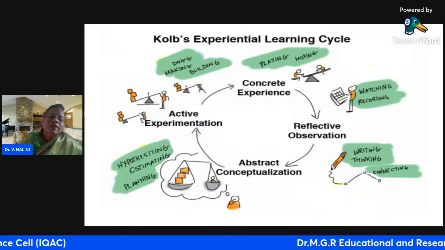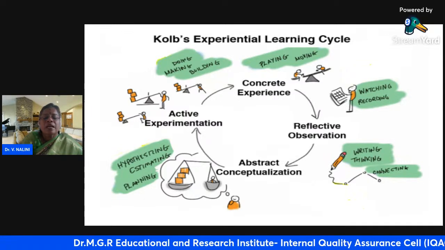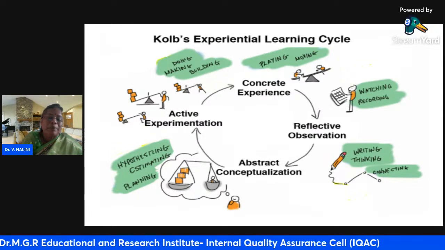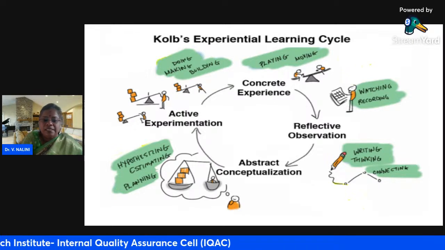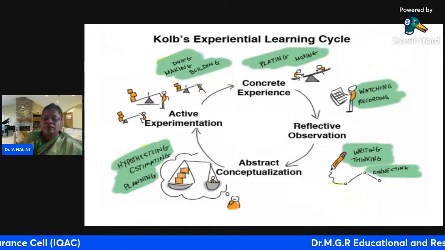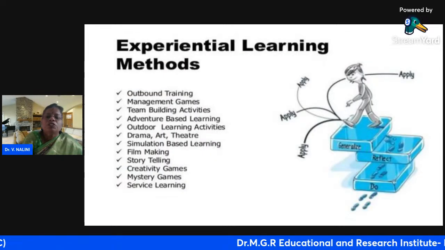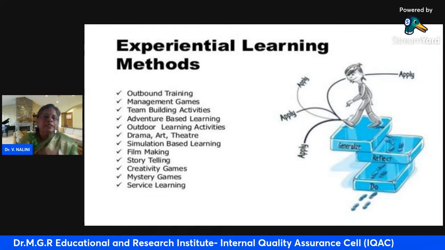And then the third one is abstract conceptualization. What is the basic idea behind this, hypothetically, and then creativity, as well as planning and adding new things, that comes under conceptualization. And move on to active experimentation, application. So do, reflect, and then generalize, and then apply. This is the experiential learning method.